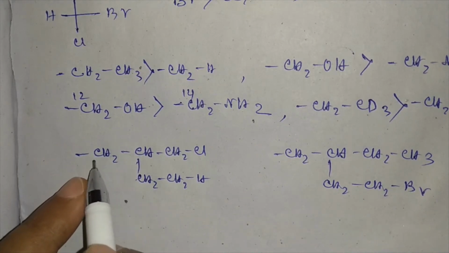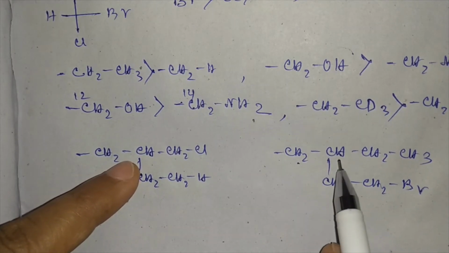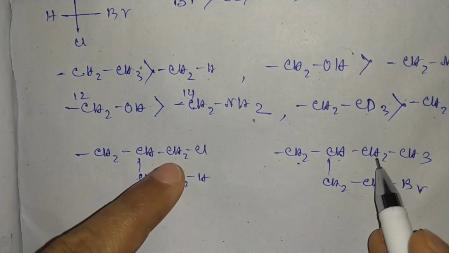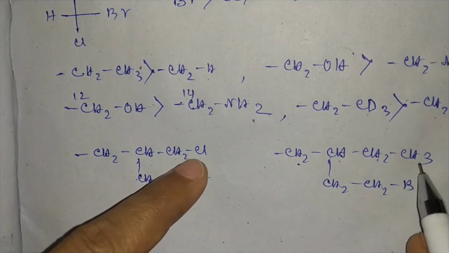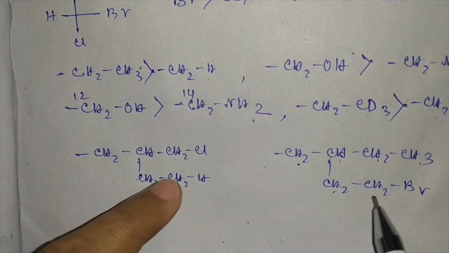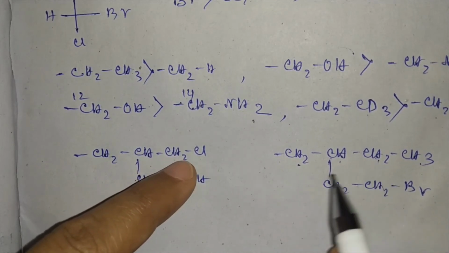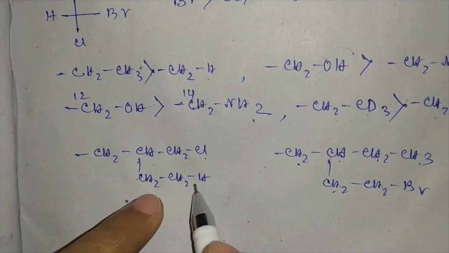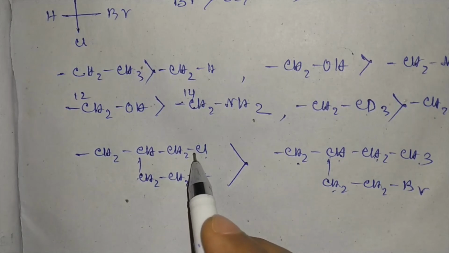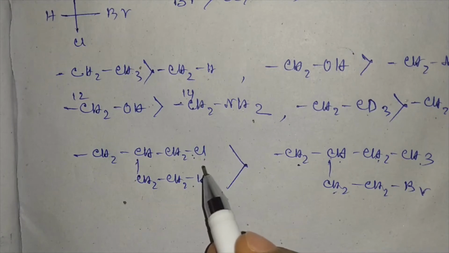From these two we have common CH2, then CH. Now if we go in this chain, it has CH2, CH2, and after that it has Cl and CH3, and in another chain it has CH2, CH2, again CH2, CH2. So here after one CH2 we are getting Cl, so it will have higher priority than this, and we will follow this chain only, because this chain will help us to determine the priority early.